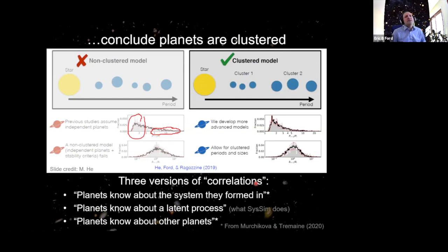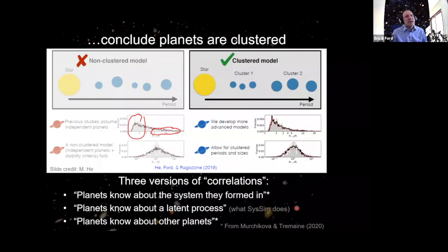This can get fairly tricky to be exact about what you mean. There was a nice paper recently by Mulders and Tremaine that tried to help clarify some of these. Interestingly, what our model does wasn't any of the cute descriptions they gave, but rather something in the middle that's not as simple.